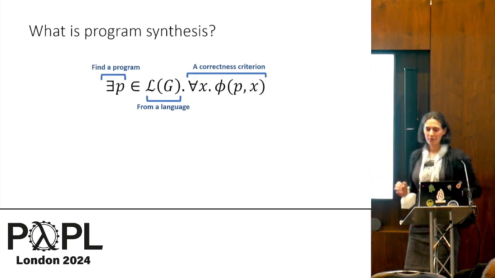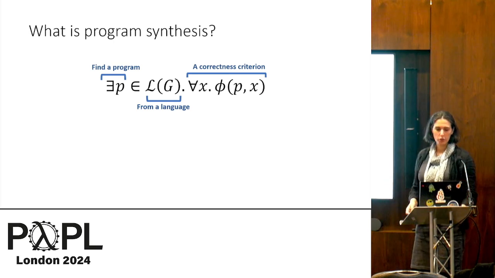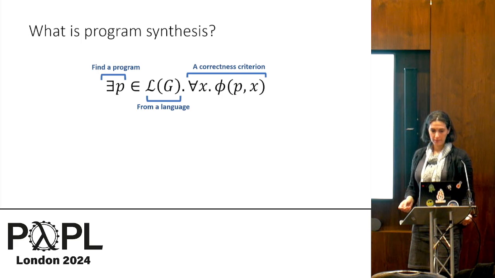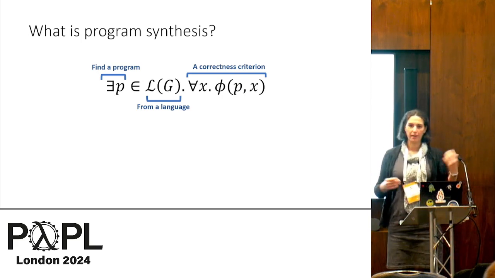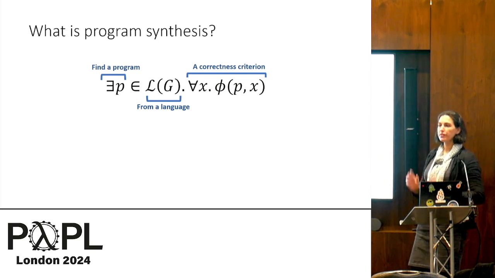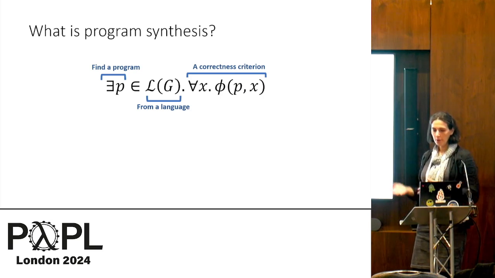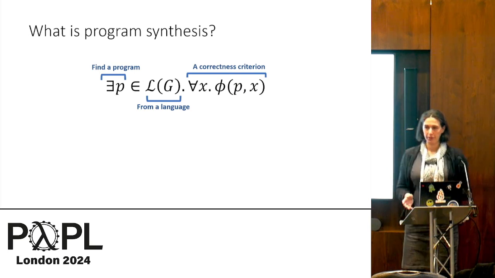So what is program synthesis? Program synthesis is the problem in which we would like to find a program from some language of programs defined by a domain, a DSL, a something, where for every input that we can give that program, it is going to behave correctly on that input.